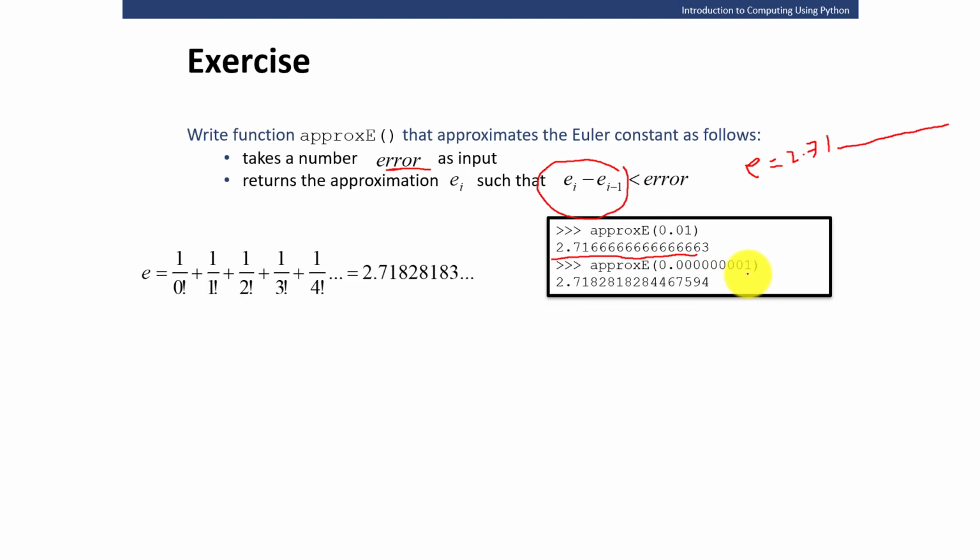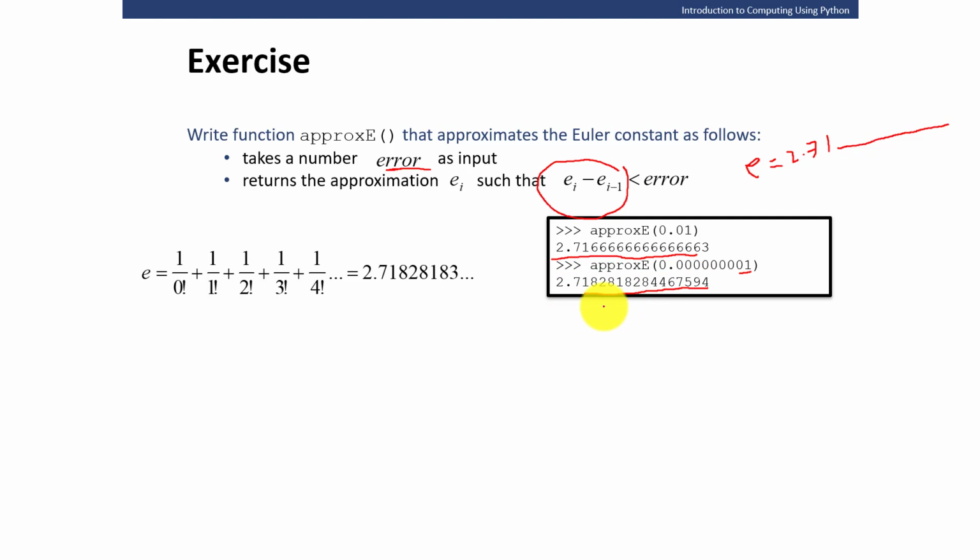And if we provide an error percentage equal to 0.0000001, the value should be equal to 2.718 up to 94.